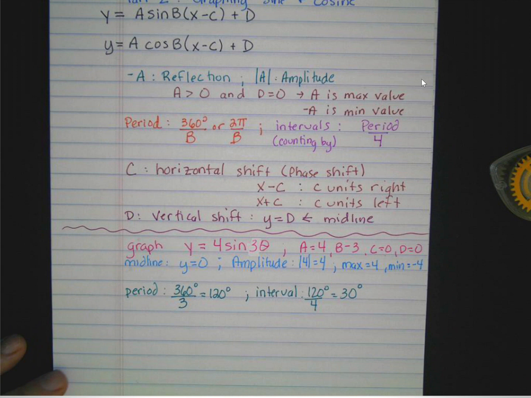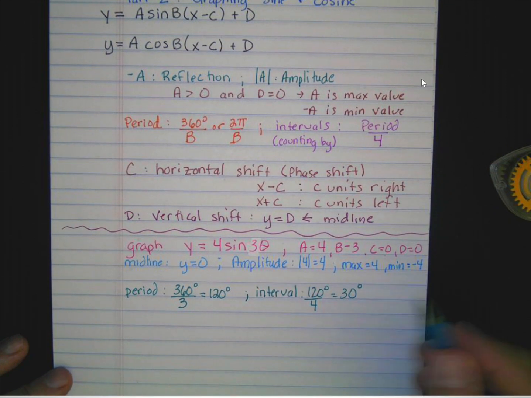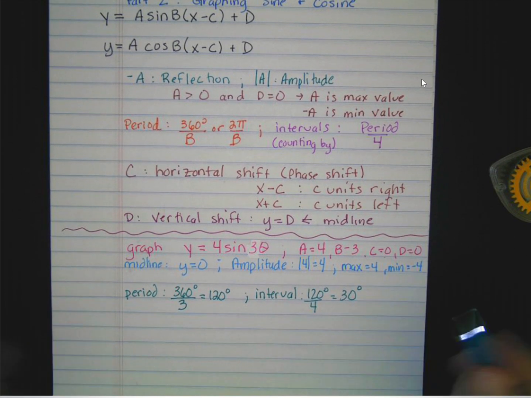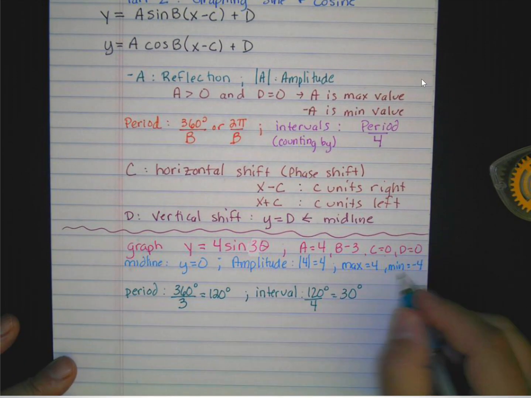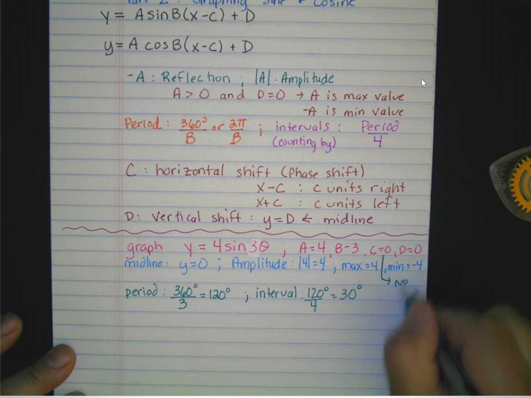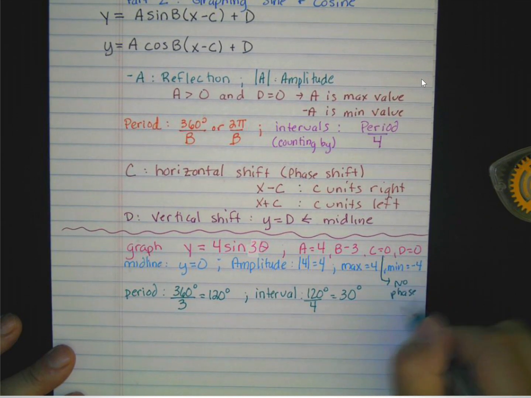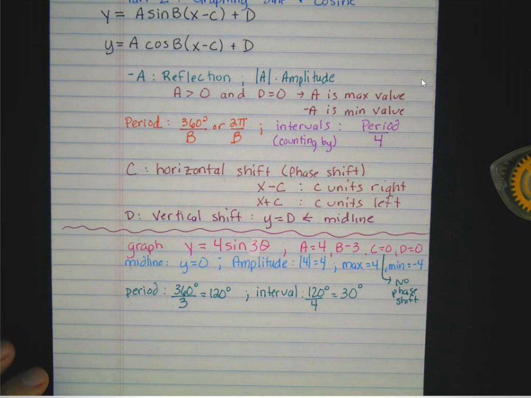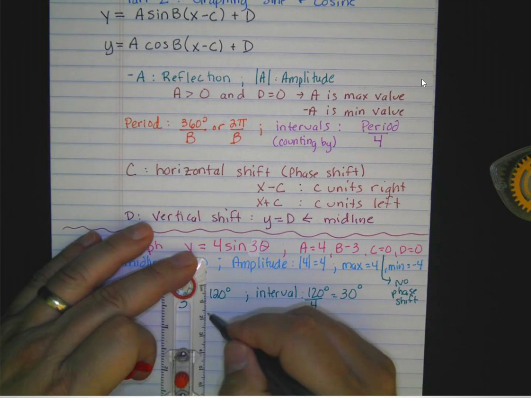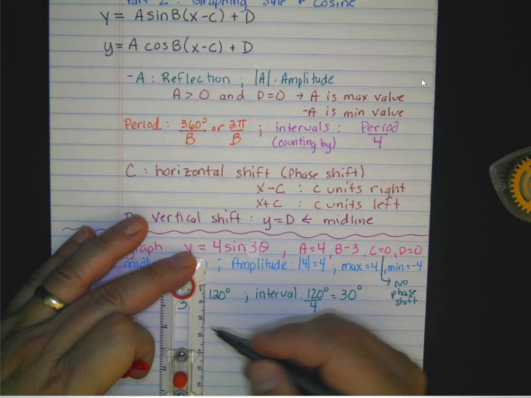Okay? Phase shift, we already said there's no phase shift since C is 0. So we're good to go. Let's write that down: this right here means no phase shift. So we want to do at least one period to show all the intervals. You can do more.